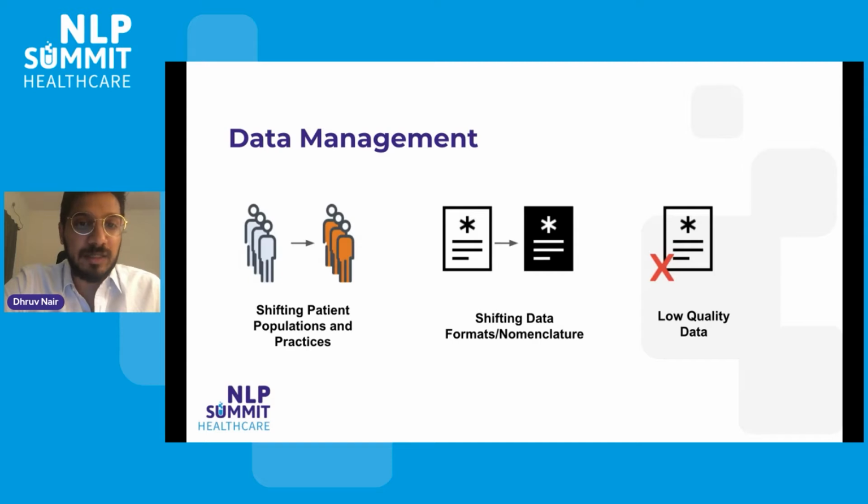So the first type of dataset issue we will talk about is shifts in patient populations and practices. Now, in NLP in healthcare, the primary source of data is EHR records, electronic health records. And these tend to have quite a bit of variability over time as clinical processes evolve. This means that a model trained on past data might not be able to accurately identify conditions on the latest standards of care.